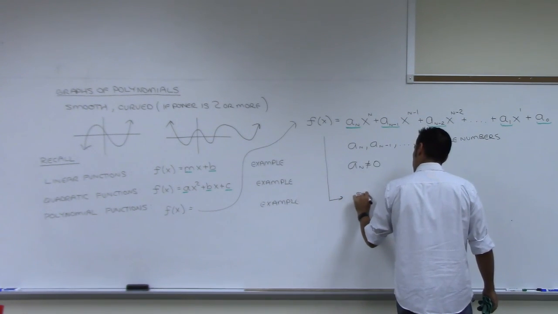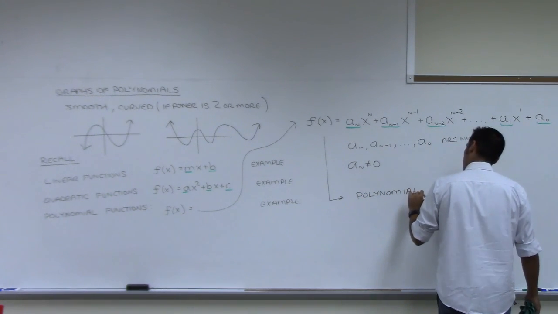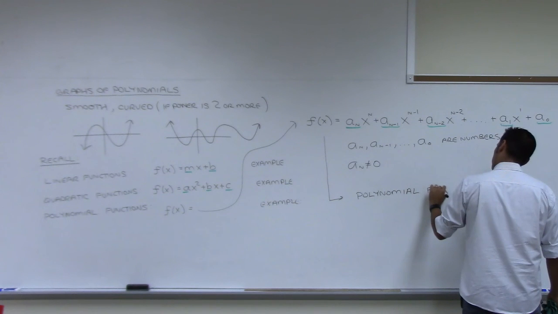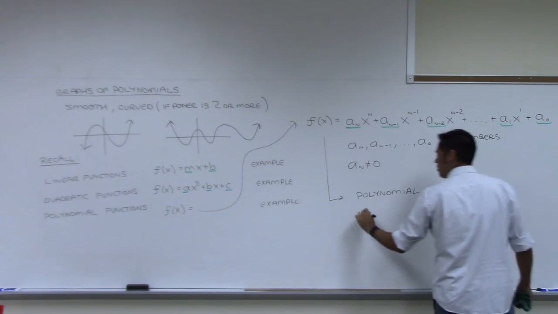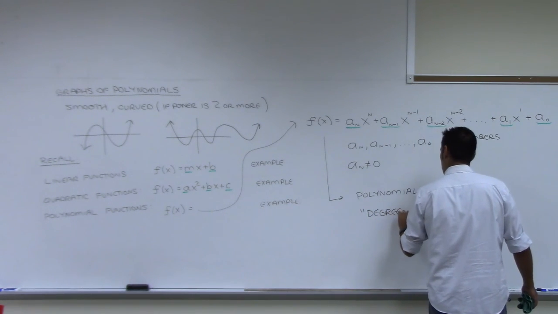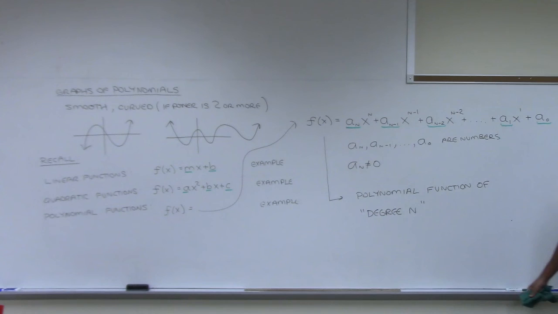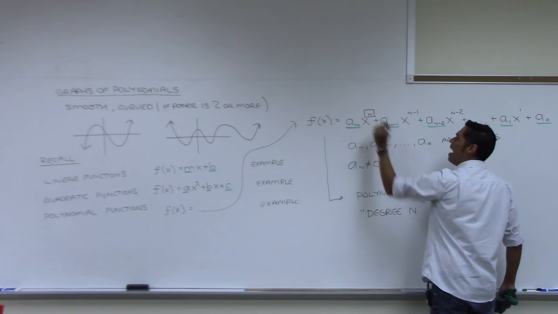This right here is called a polynomial function of degree n, or an nth degree polynomial. So the n up here is your highest power.